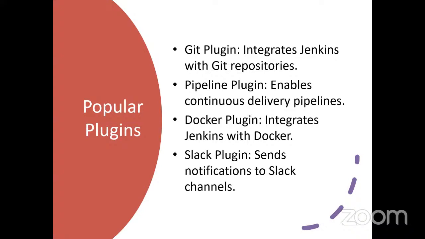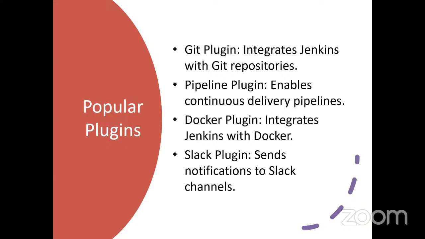Whenever you install the Slack plugin, you can integrate that communication channel with Jenkins. So if anything goes wrong with Jenkins, any error occurs, any pipeline fails, or any build process gets stuck, you will be notified through Slack so that you are aware and alerted.